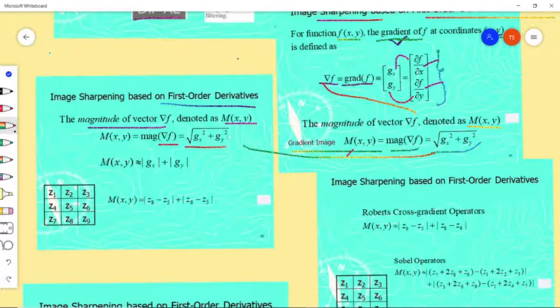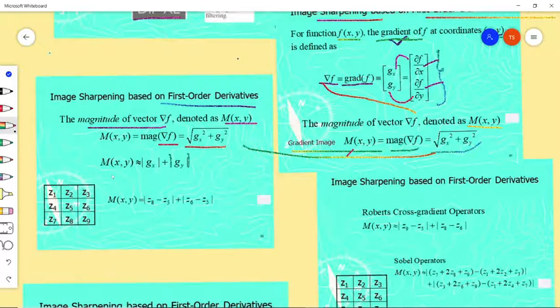It is similar to the absolute value of g of x plus the absolute value of g of y. The square and the square root cancel out, leaving the absolute value of g of x and the absolute value of g of y.